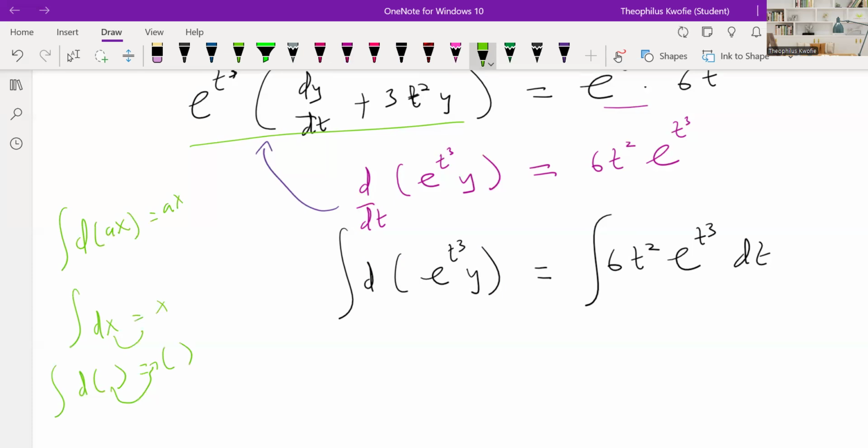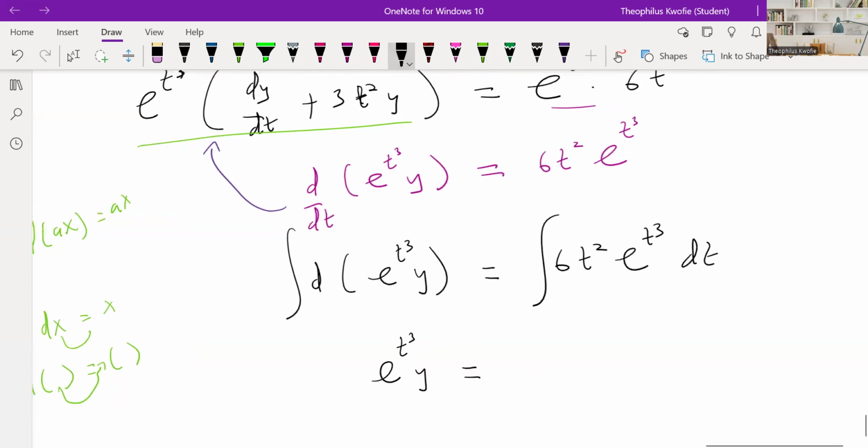So now the integral of d of e to the power t to the power 3 multiplying y will give us e to the power t to the power 3 multiplying y.